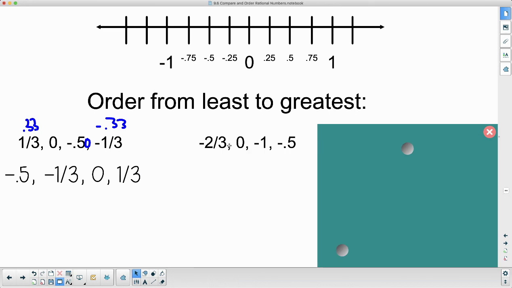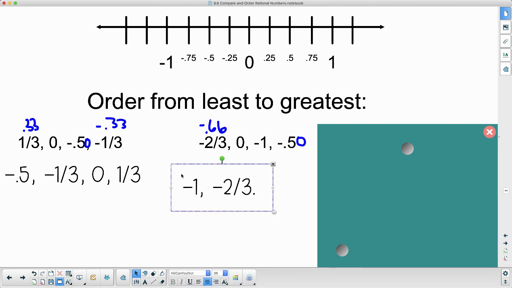Now looking at our next one, we have a negative 2/3, which is negative 0.66, a 0, a negative 1, and a negative 0.5. So I'm going to add that 0 just to make them all the same. So the one farthest to the left is going to be negative 1. Then we'll have negative 2/3.